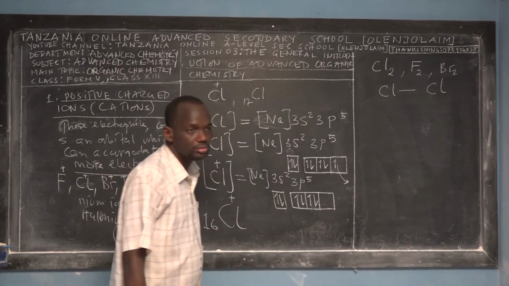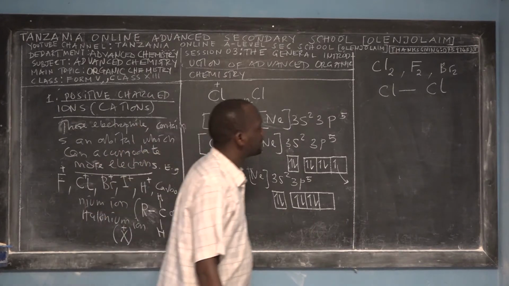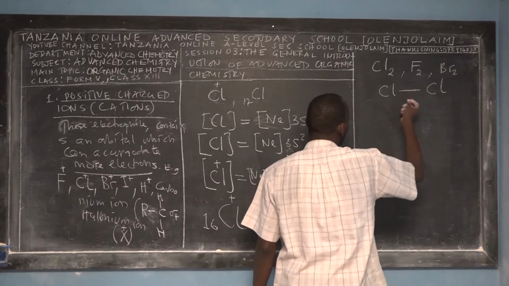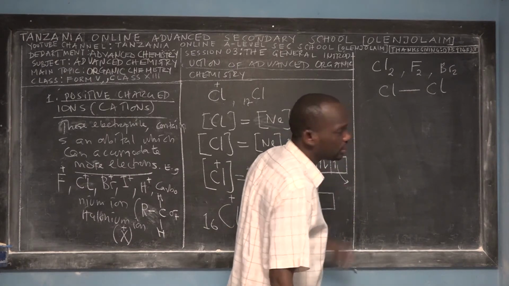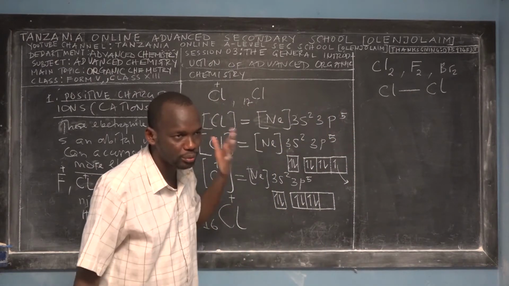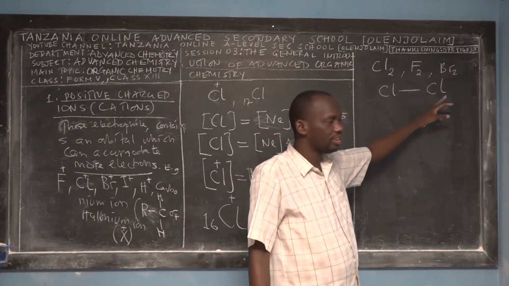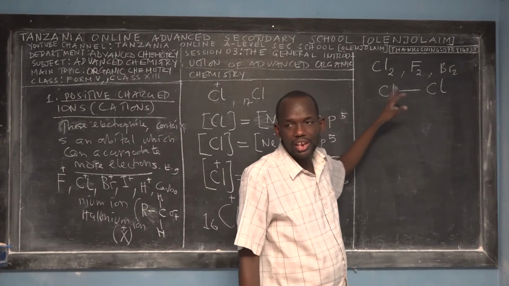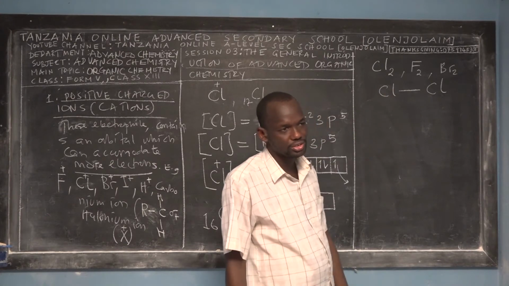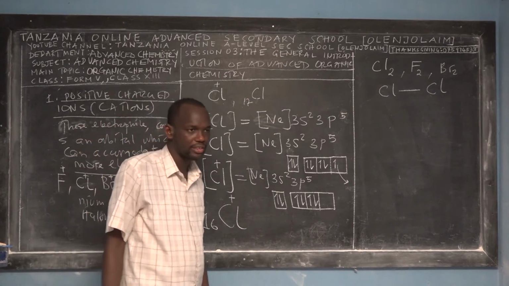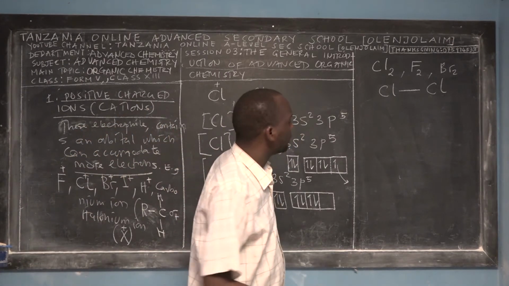Sometimes, under certain conditions, the bond breaks. Each chlorine atom shared 1 electron to reach the octet state, which is the state for forming the compound.